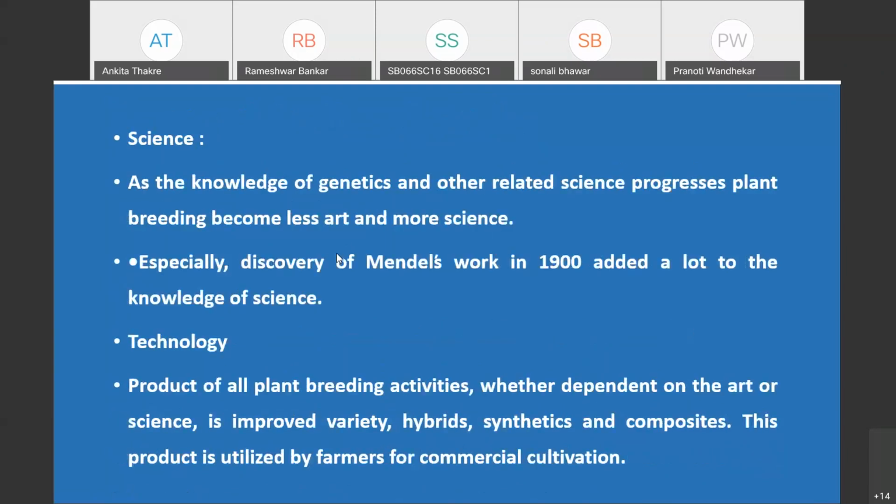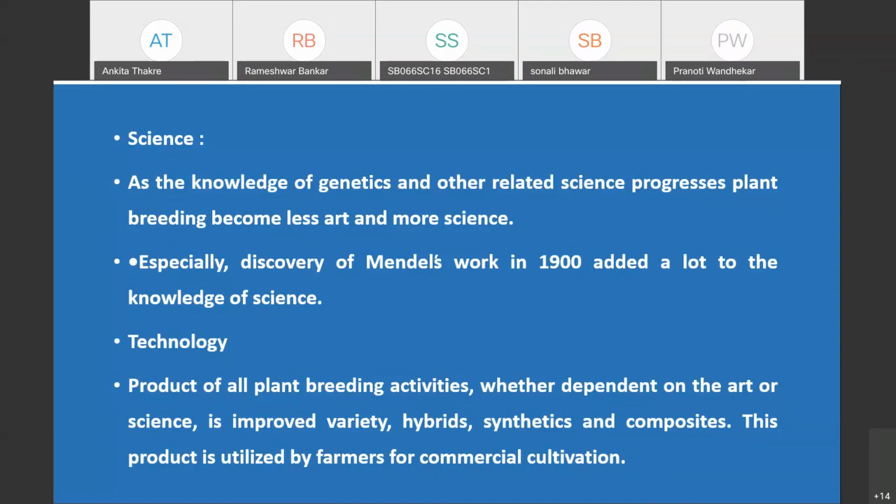But nowadays, as the knowledge of genetics and other related sciences progresses, plant breeding becomes less art and more science. Especially the discovery of Mendel's work in 1900 added a lot to the knowledge of science.